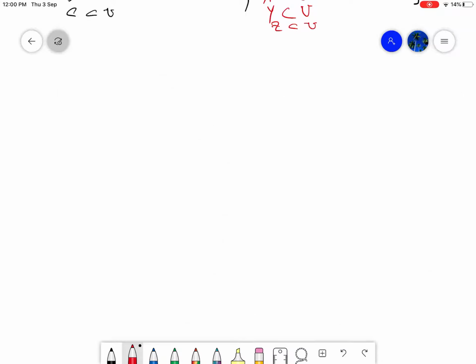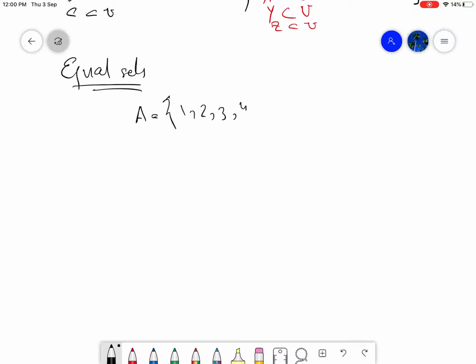Okay, right. So then there is another short definition of equal sets. So if we have two sets, A: 1, 2, 3 and 4, and then another set B which contains 4, 1, 3, 2.